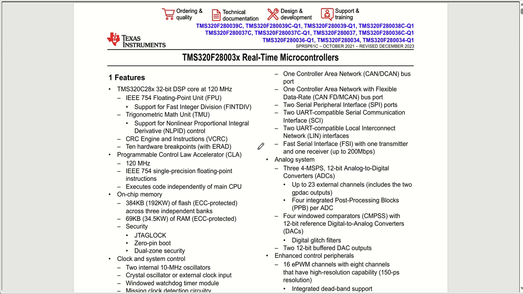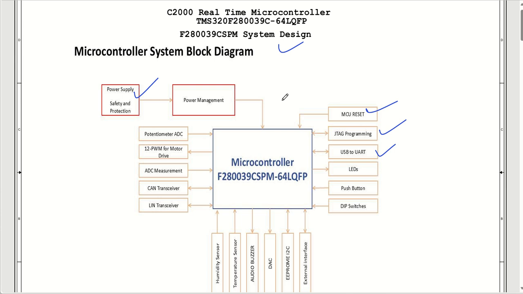With this, we'll directly get into the circuit design. Alright, let's get started. We will see this block diagram one by one. The approach to designing a circuit is to first design your microcontroller symbol, then design the power supply requirement for it.